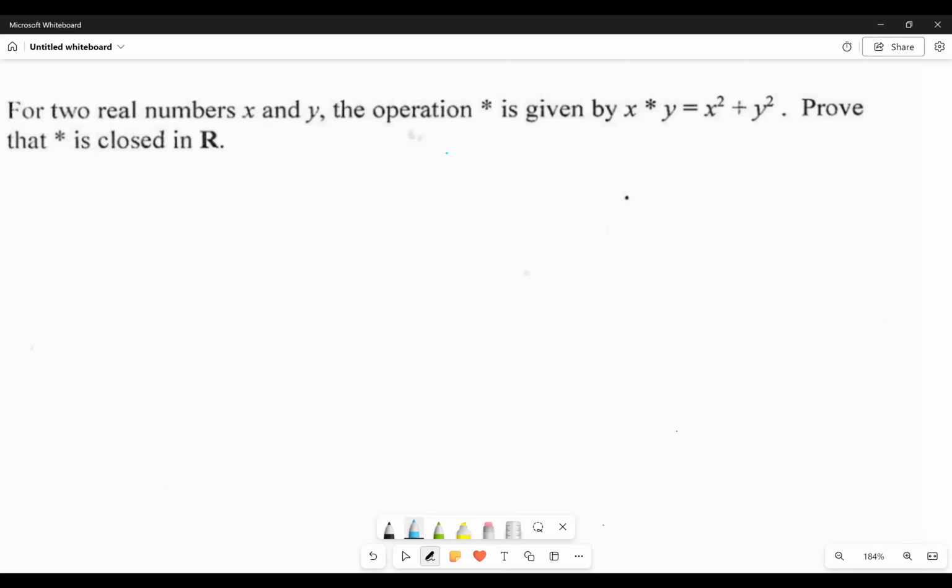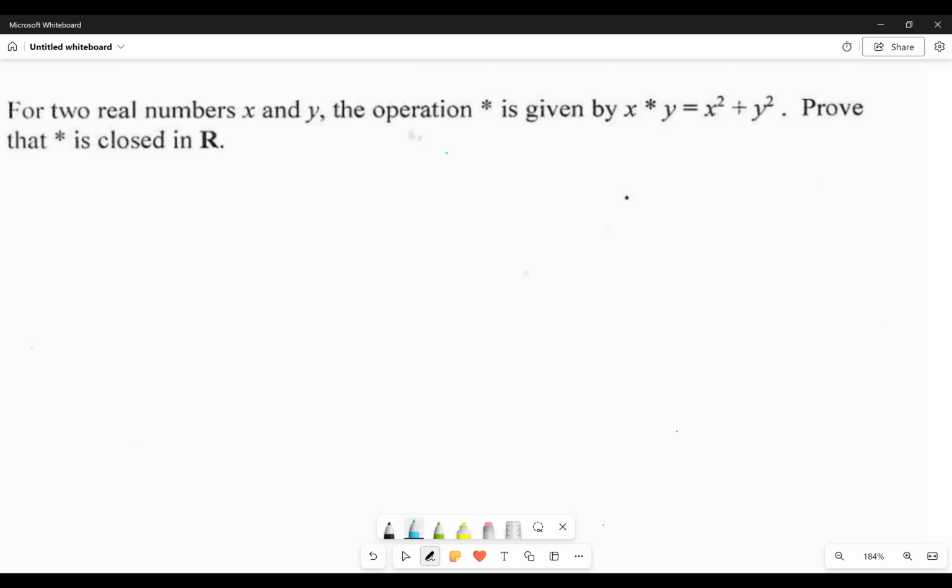I won't do the first way, which is to just give an example of x equal 2 and y equal 3, and then work it out and show that at the end I get the number 5, so it's closed in real numbers. CAPE seems to accept it, but it's not an actual proof. This is not a way to prove something. So I will not be teaching that method because I think it's very bad. I don't think you should ever really learn it, especially if you're going to do math in undergraduate, because it's not an appropriate proof.